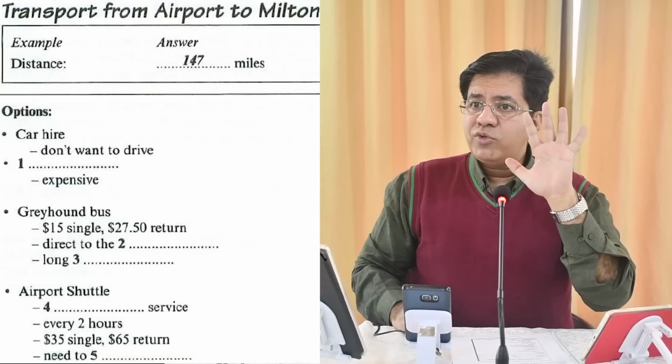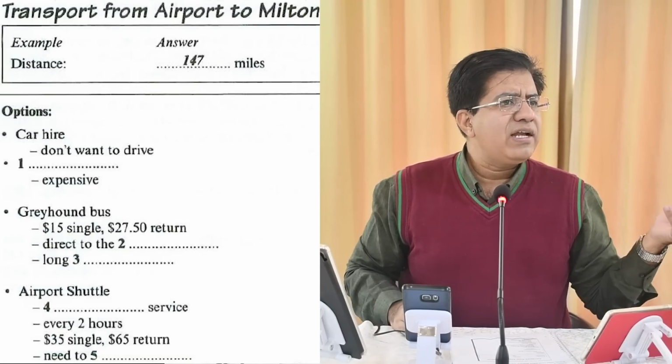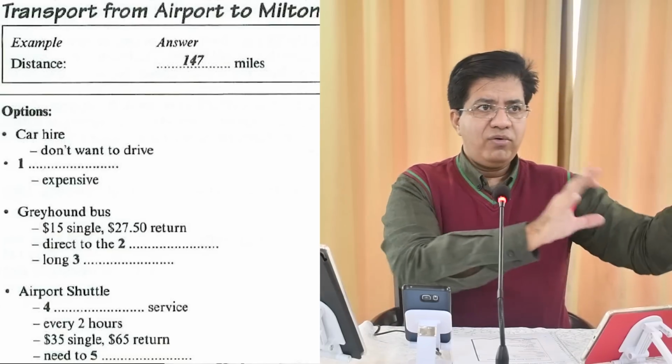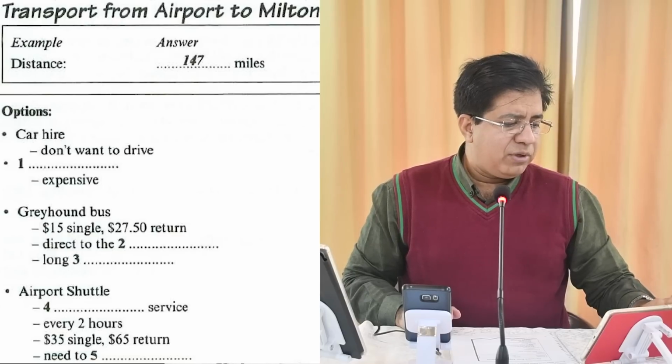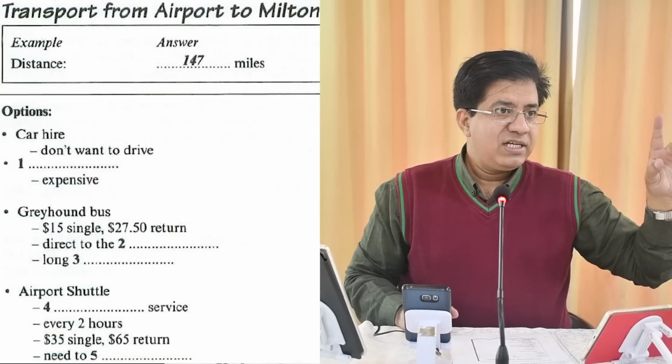You are not supposed to read that part. For example, for car hire, don't read the rest, just underline car hire. When they talk about car hire, you know they are there. Now, question number 1 is an option. The first option is car hire.